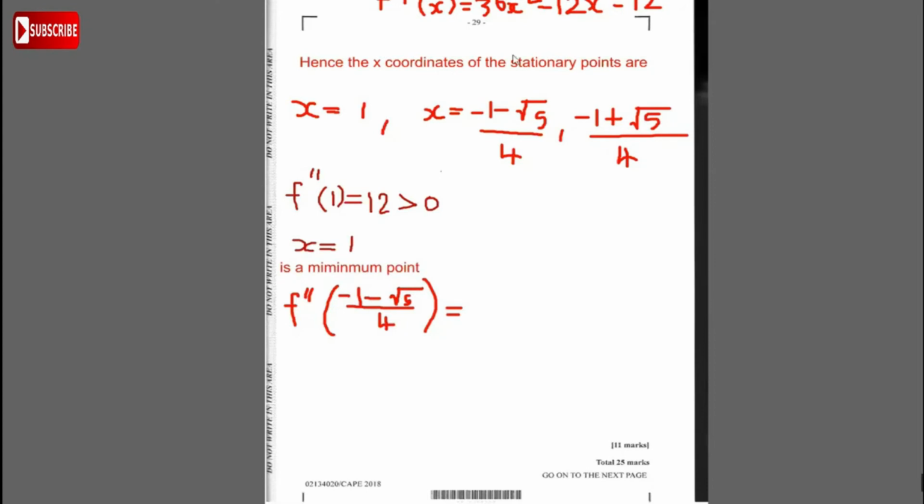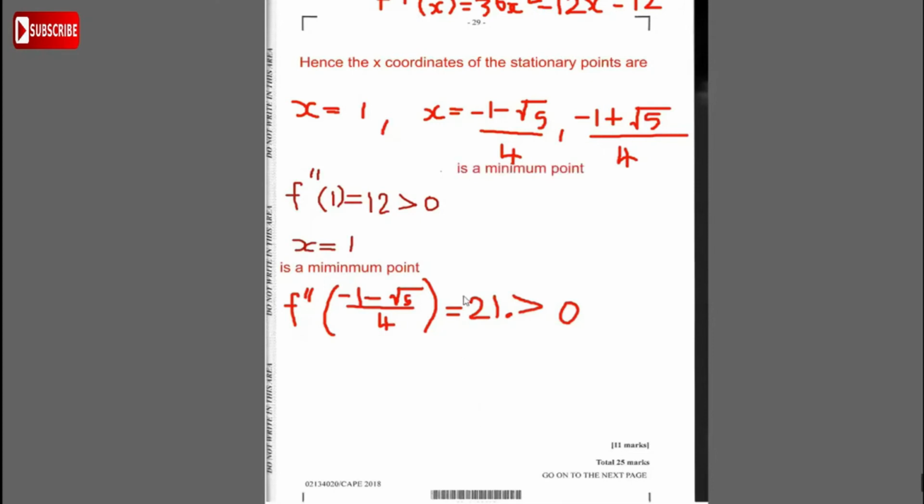I get 21.2, which is greater than 0. Since it's greater than 0, this is also a minimum point. So up here, x equal that is a minimum point.